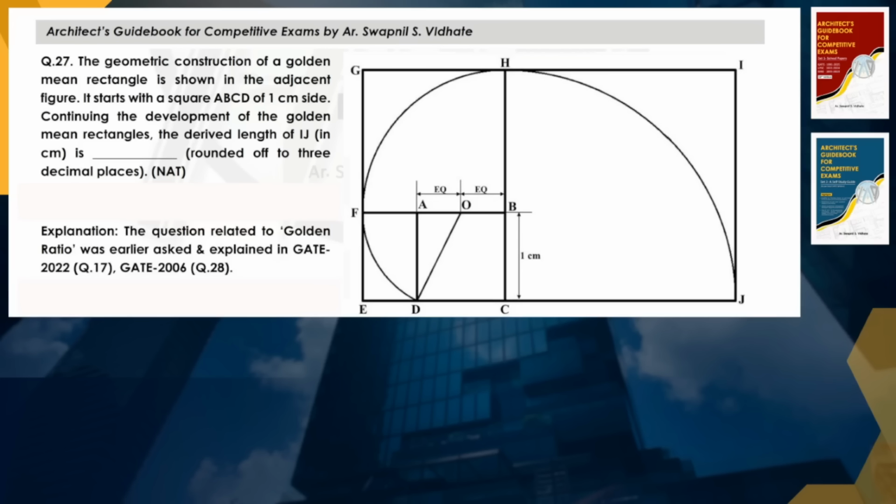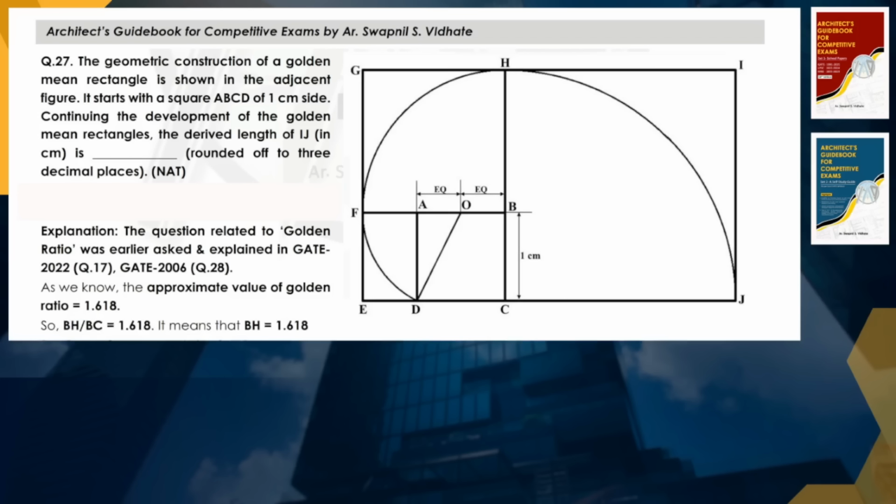The question related to golden ratio we have already discussed in GATE 2022 question 17 and GATE 2006 question 28. As per that explanation, we know that the approximate value of golden ratio is 1.618. So here we just find BH upon BC, which will be 1.618.